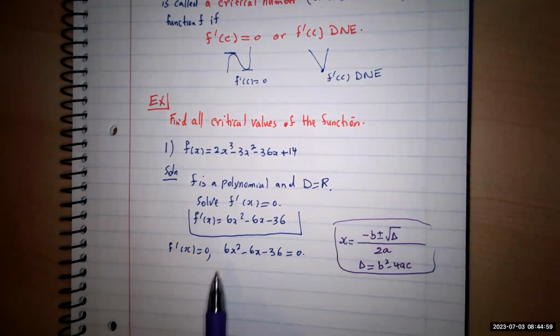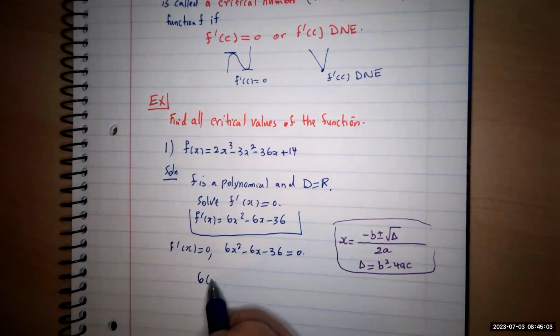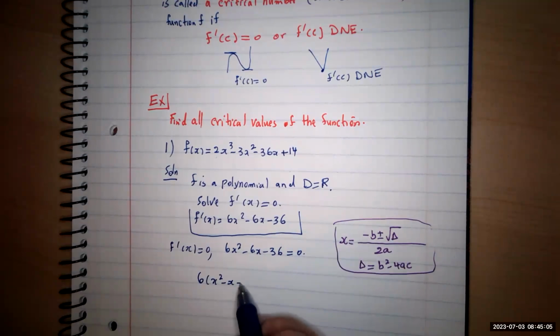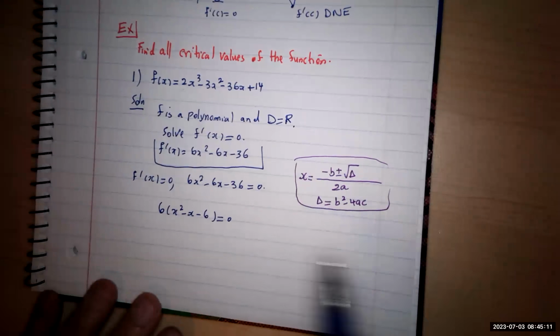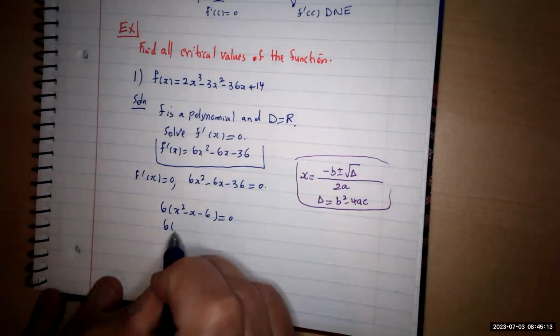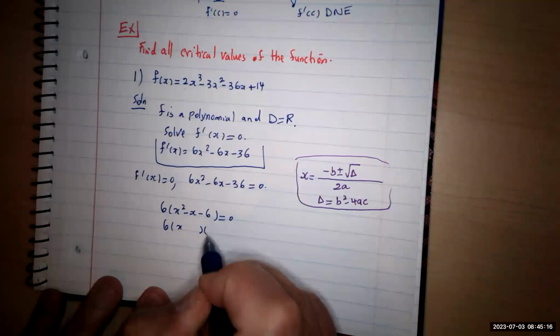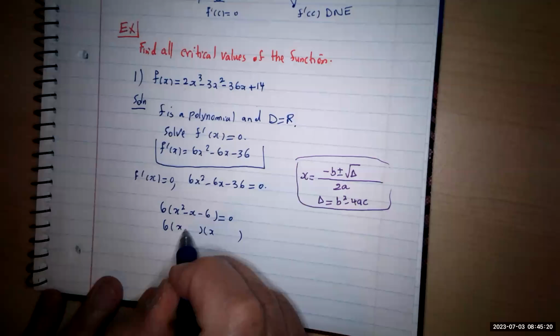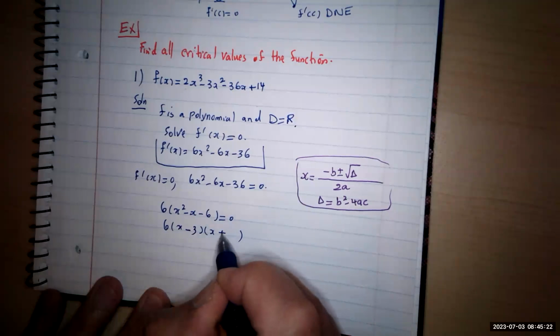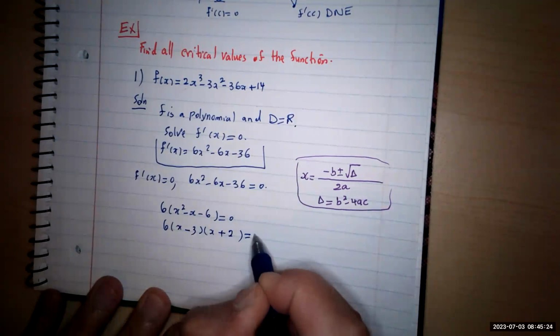We try to factor out the 6 first, which is possible. Pull out the 6. The leftover is x squared minus x minus 6 equal to 0. You factor inside. So that's going to be 6 times, you need 2 numbers with a product of negative 6 and a difference of 1: x minus 3 and x plus 2 equal to 0.